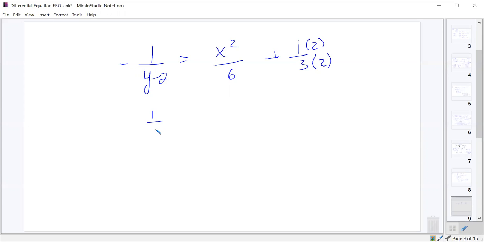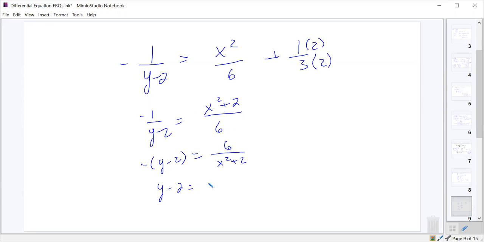So now we've got -1 over (y minus 2) equals (x squared plus 2) over 6. Sorry, not x squared plus 1, x squared plus 2, because I multiplied that by 2. Now you can take your reciprocal: -(y minus 2) equals 6 over (x squared plus 2). And then divide by your negative. And add 2.